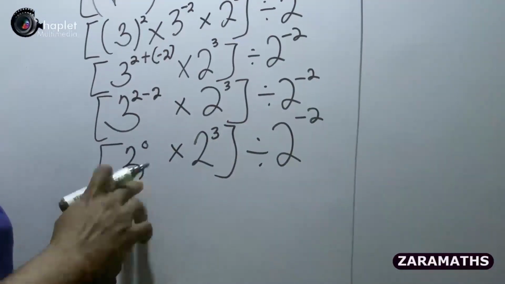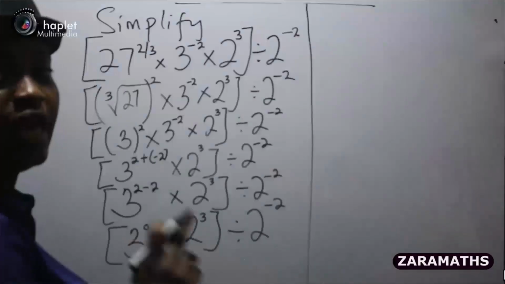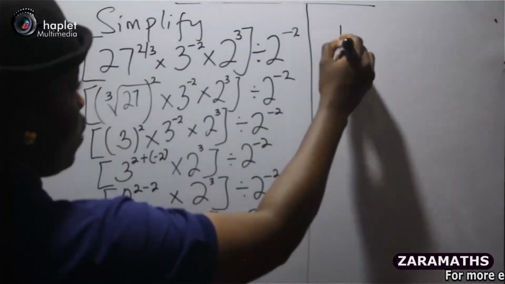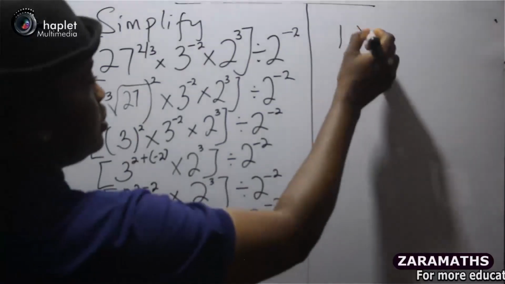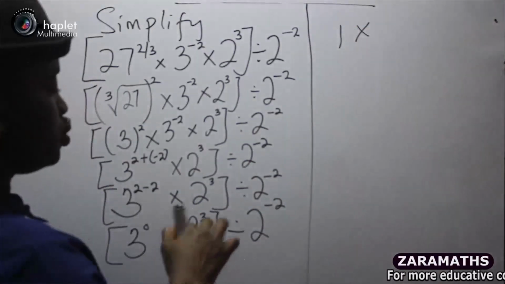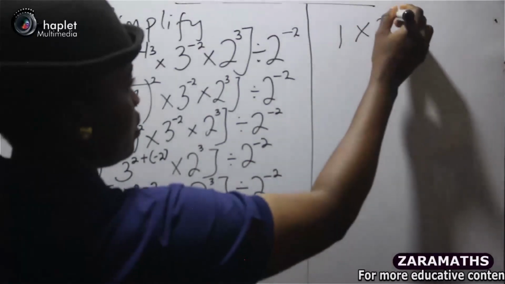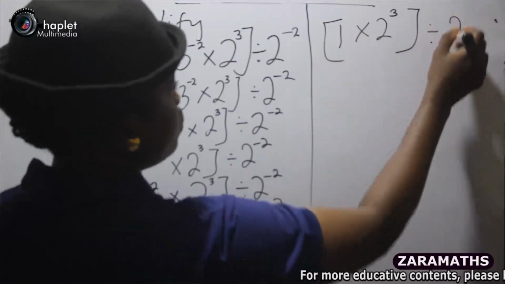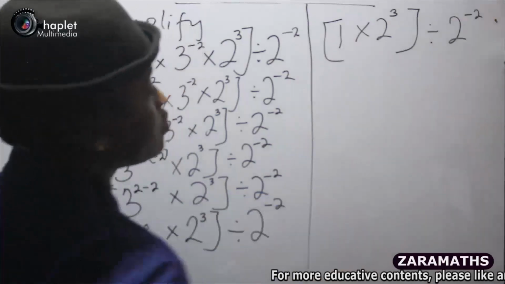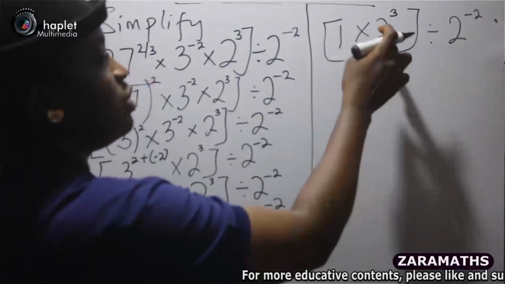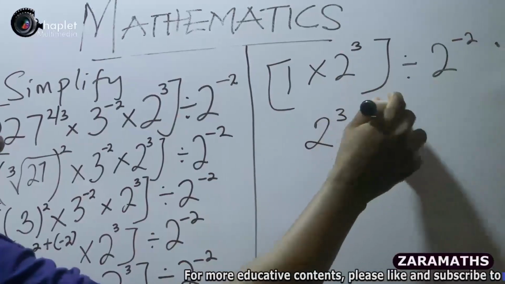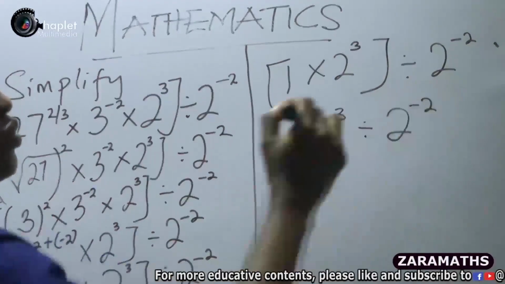Now 3 raised to the power of 0: anything raised to the power of 0 is 1. So 1 times 2 raised to the power of 3, all in brackets, divided by 2 raised to the power of minus 2. 1 times 2 raised to the power of 3 is 2 raised to the power of 3, divided by 2 raised to the power of minus 2.